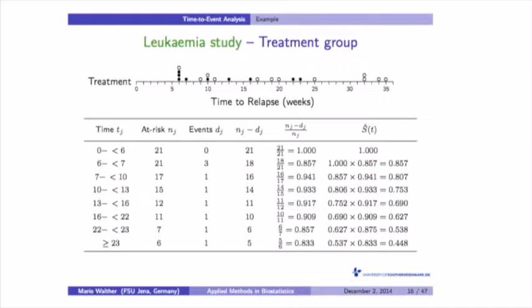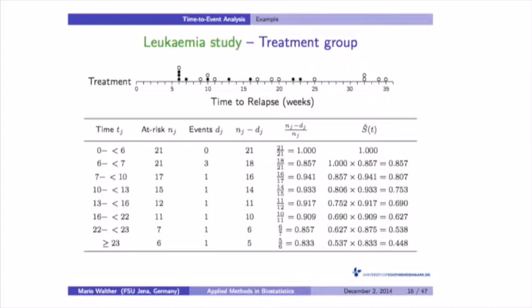So what do I need? Just before 6 weeks, there are 21 subjects under risk to relapse. At 6 weeks, we have 3 patients with an event of interest, who relapse. And at this time point, there are 18 patients, 21 minus 3, who are still under risk to experience the event of interest.